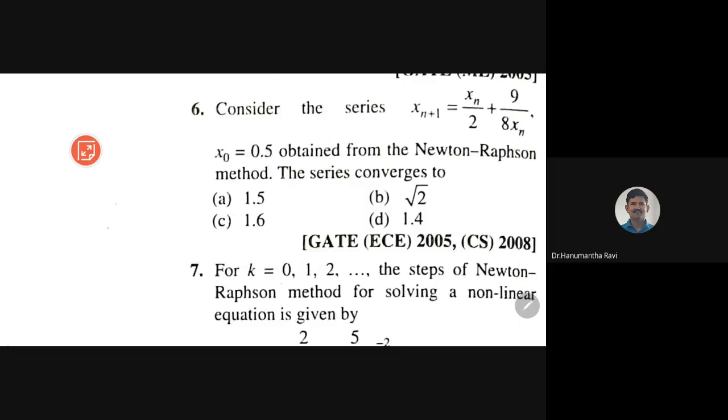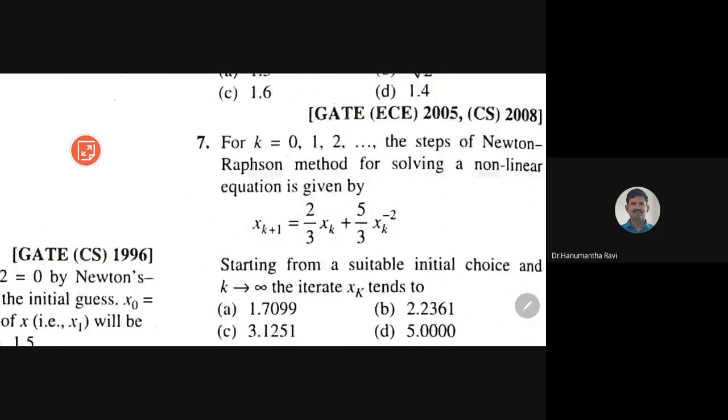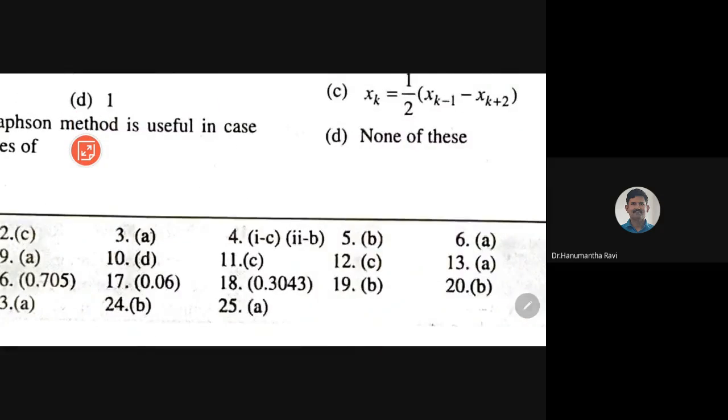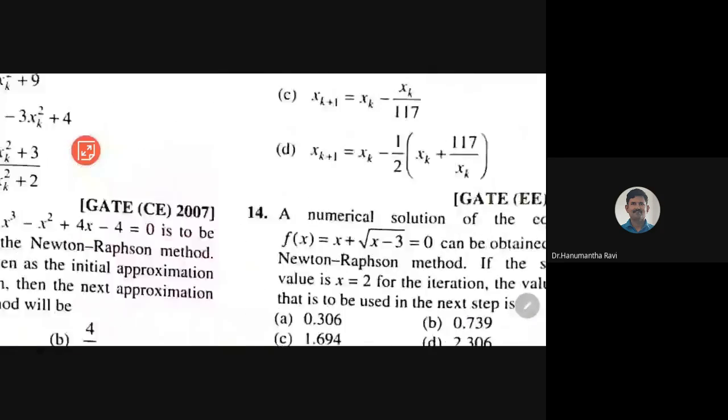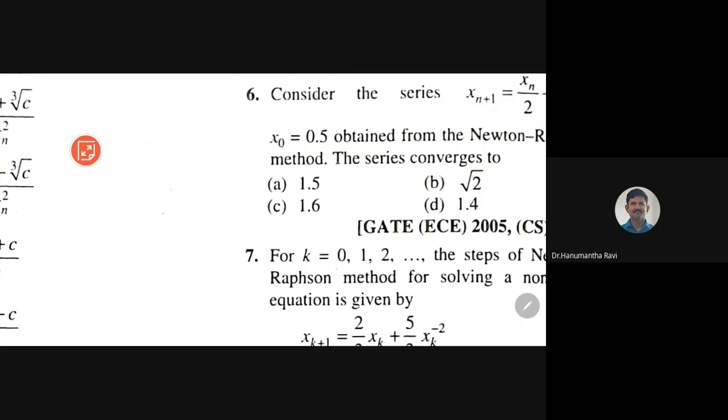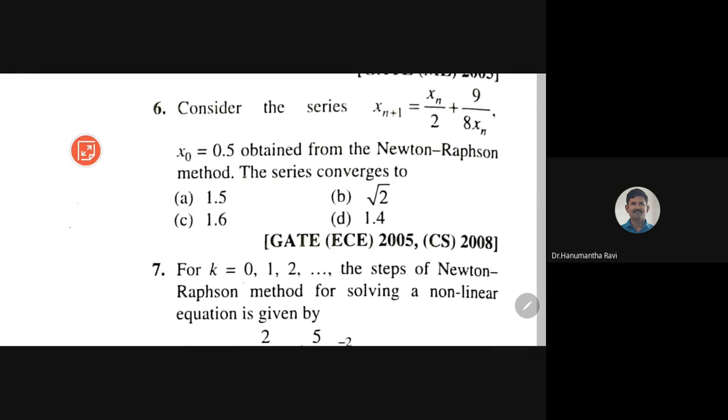So what is the answer here? For the sixth one, A. So here 3 by 2. He is saying 3 by 2. It is for 3 by 2.